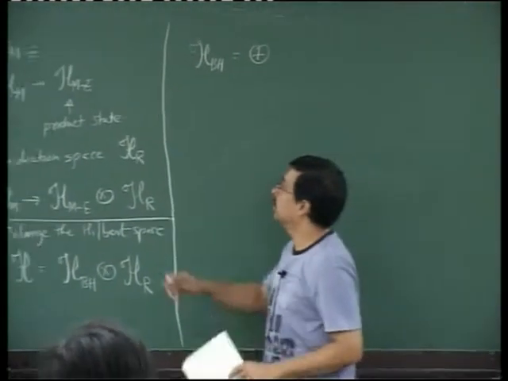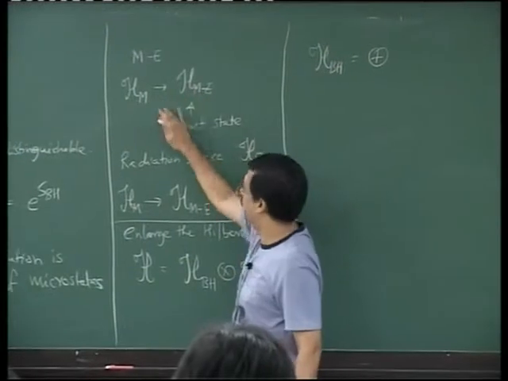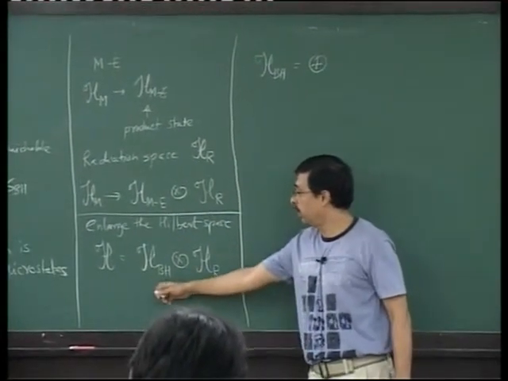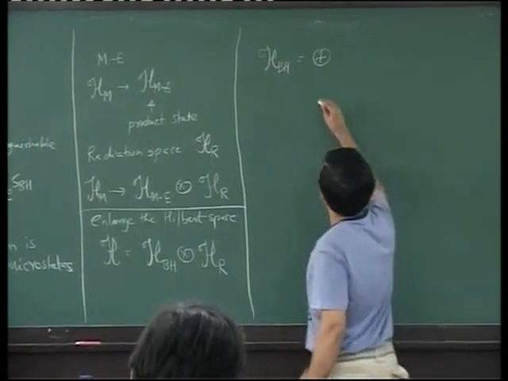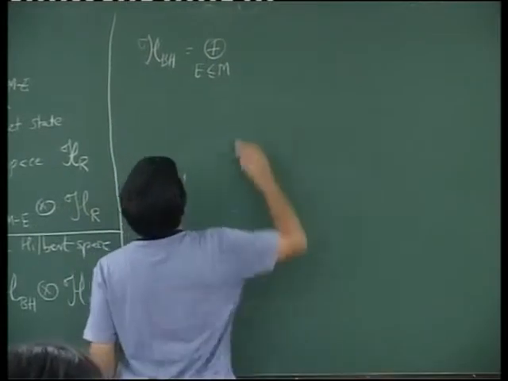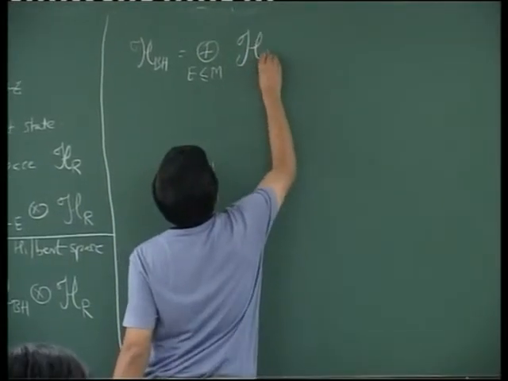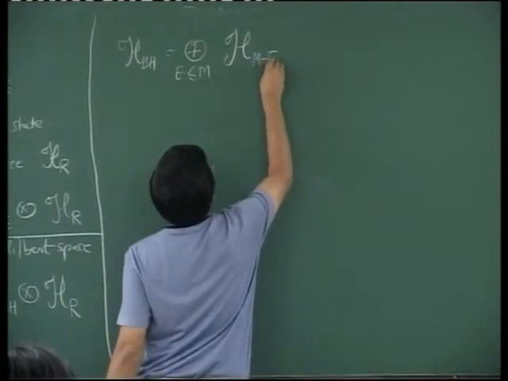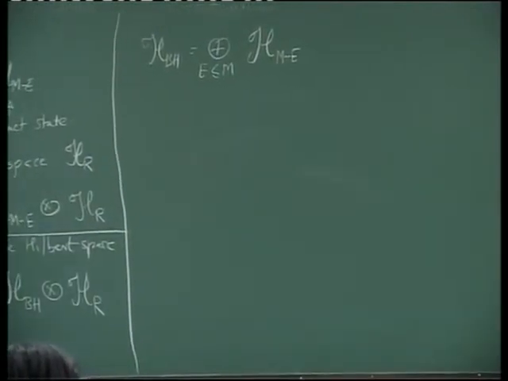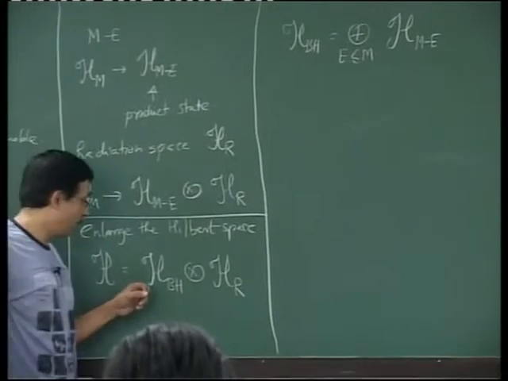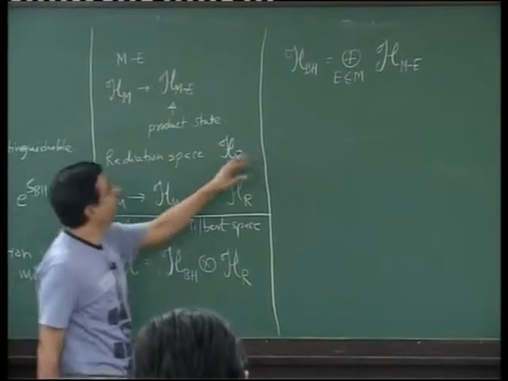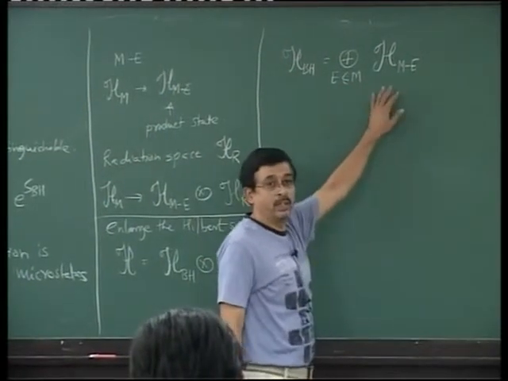So this is just for setting it up, to write down H black hole to be a direct sum of all these Hilbert spaces. So you write down a larger Hilbert space in which you have H black hole tensor H radiation, and H black hole is a direct sum of this.